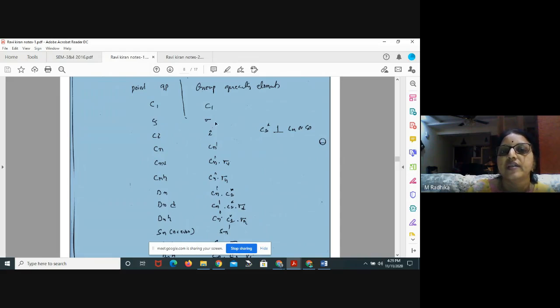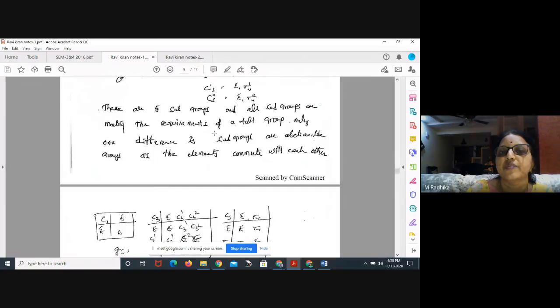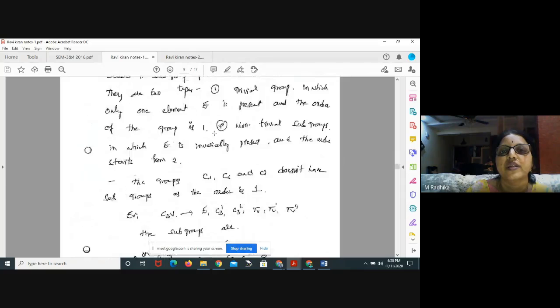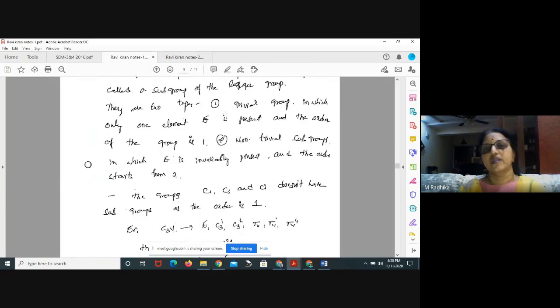CS will have only a plane, CI will have only the inversion center. So C1 will have only E, CS will have E and sigma, and CI will have E and I. The trivial point group is the one having only E, and the order of that group is 1, meaning only one element is present.